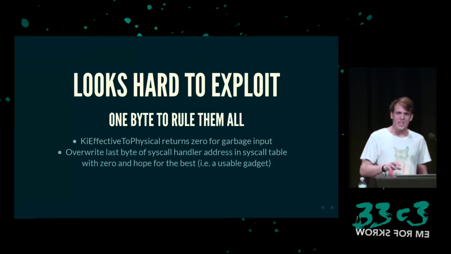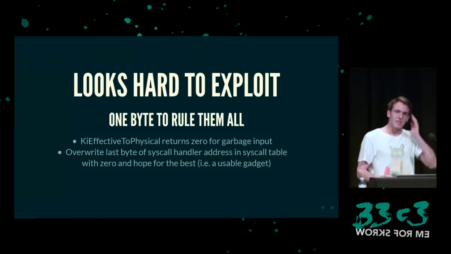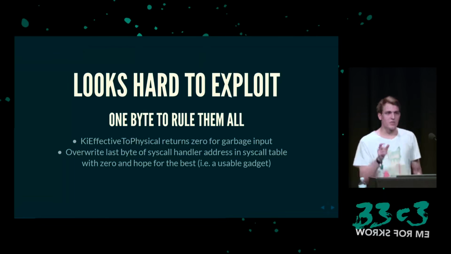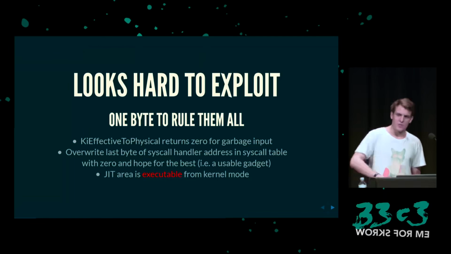And there's a pretty high chance of the input to the function being garbage if we point it to any part inside kernel data. So the strategy here is that we go into the syscall handler address table, and we overwrite the last byte of one particular syscall handler, and we hope that the new address actually points to some usable gadget. So we hope for the best, basically. And the other important thing to note here is that our user mode code is running from what we call the JIT area.